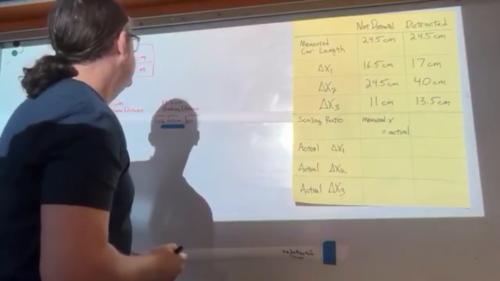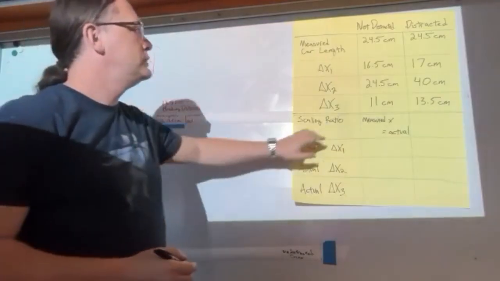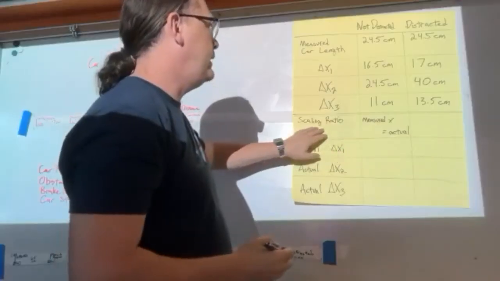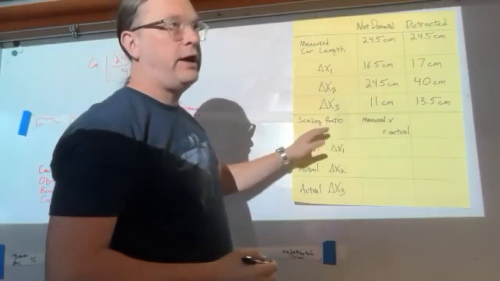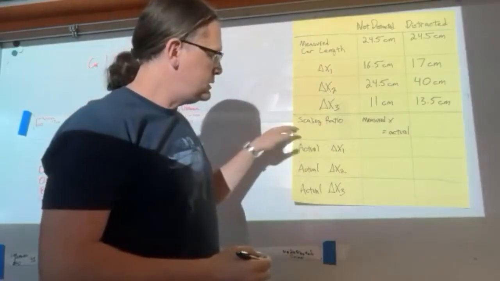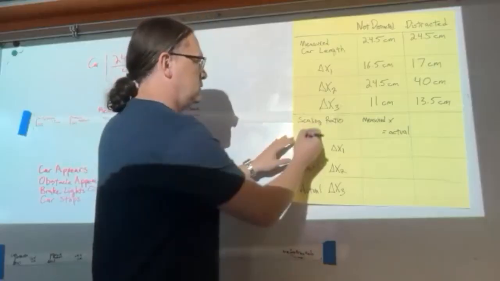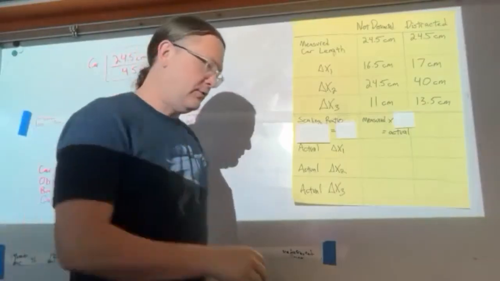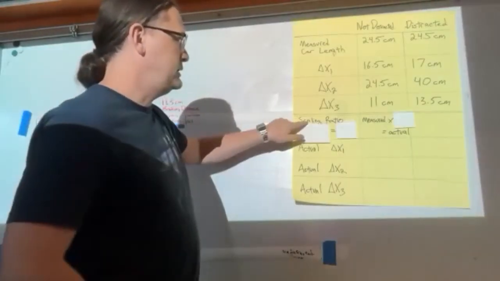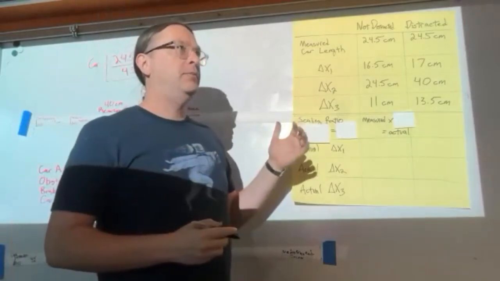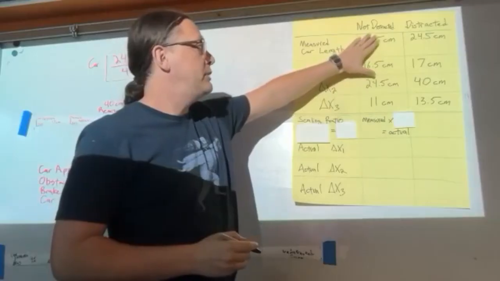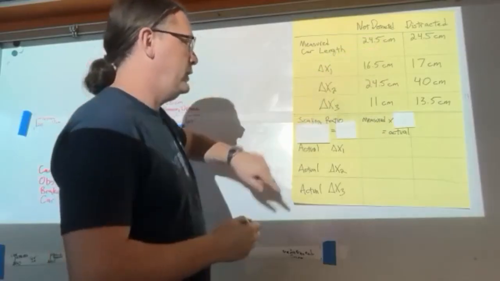Our scaling ratio that we will use, since our car in real life is 4.5 meters long, we'll use the scaling ratio for centimeters to meters. I made a mistake in the video because my scaling ratio had my measured units in the numerator.